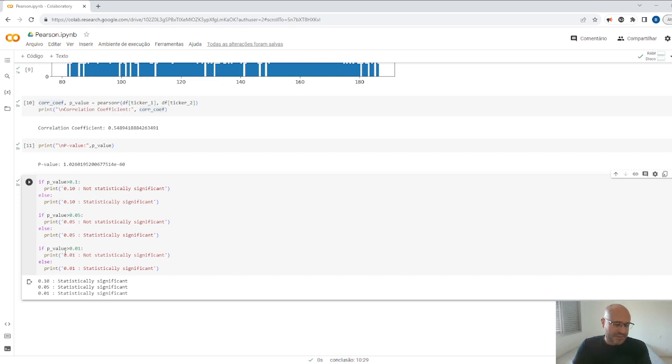Since the p-value is quite low and lower than all three alphas, we can say that it is statistically significant for all three alphas. Okay, even though the correlation is not really high. And that's it, guys. That's the Pearson correlation hypothesis test.